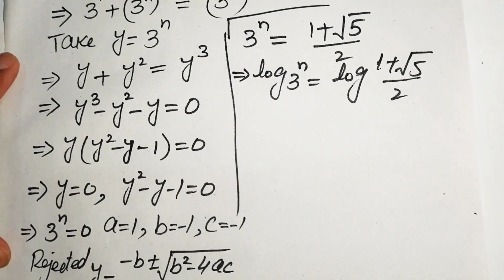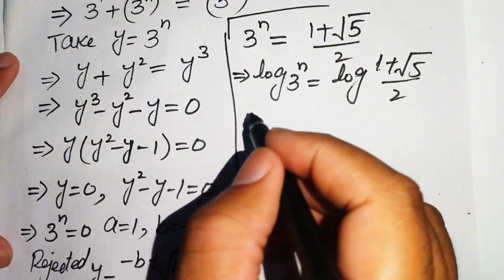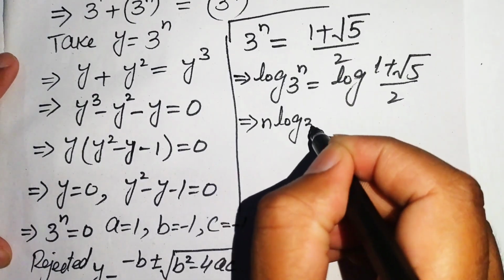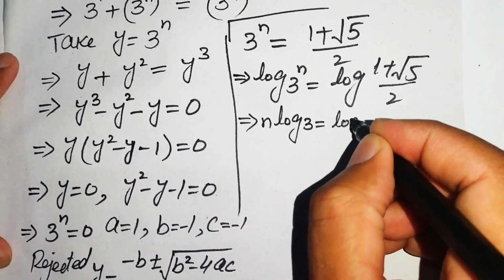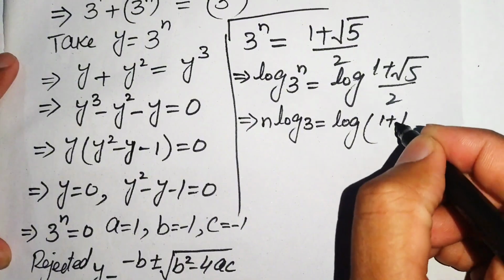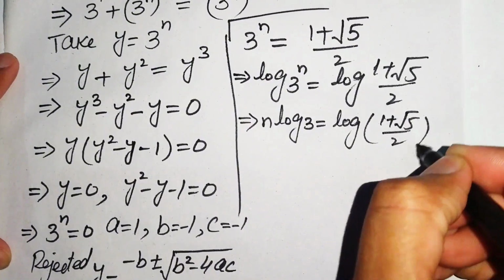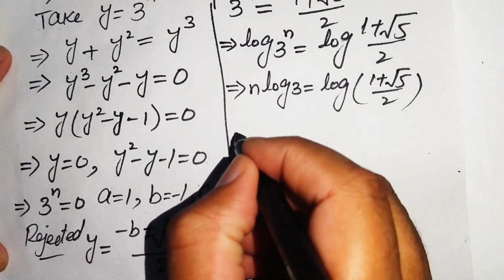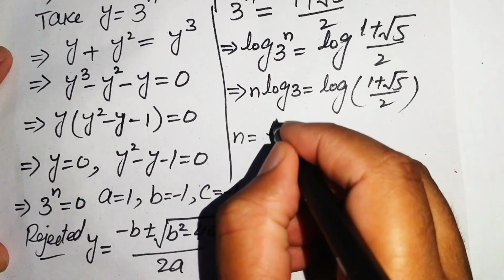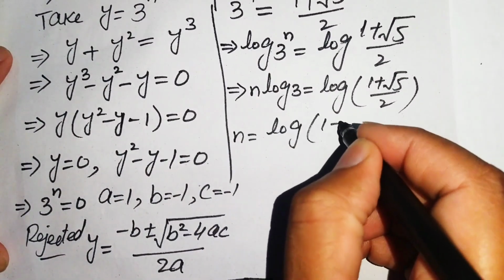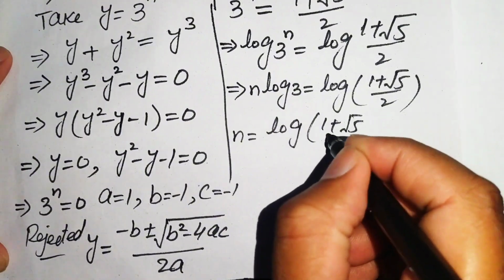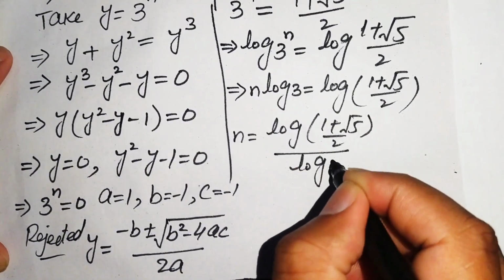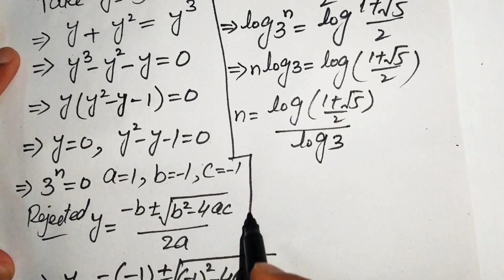So here we use the property of log, and we move this exponent in front of this log, and it becomes n times of log 3 equals log of 1 plus square root of 5 over 2. So here we move this log 3 to the right hand side, and it becomes n equals log of 1 plus square root of 5 over 2, and this whole divided by log of 3.